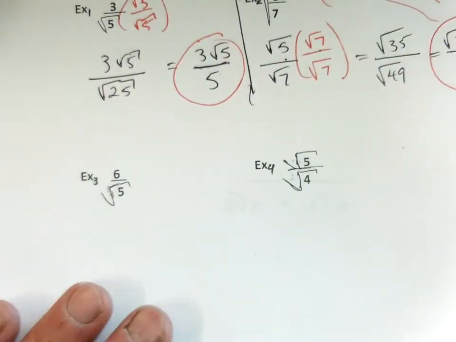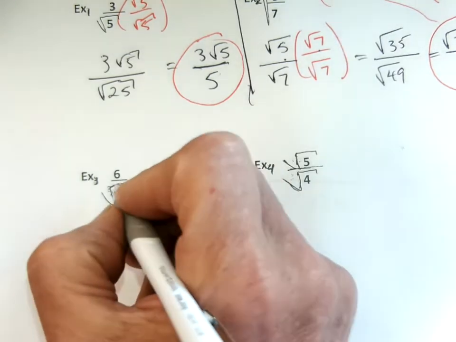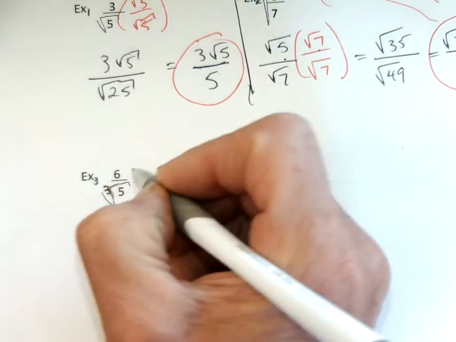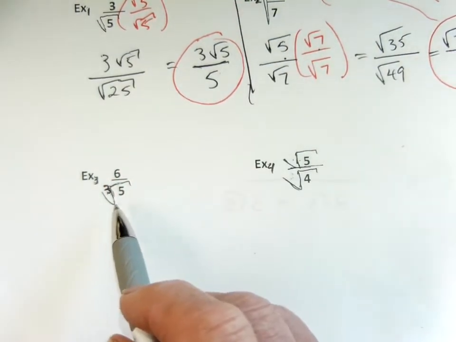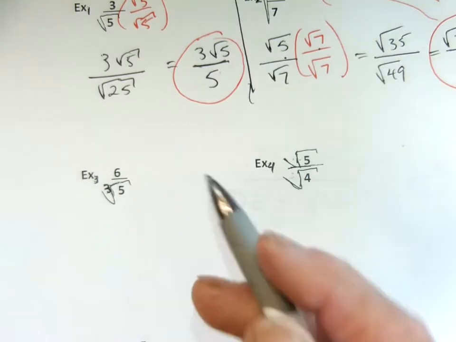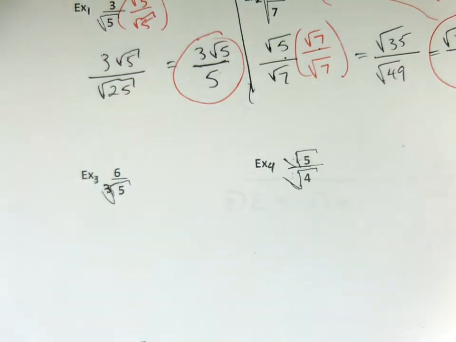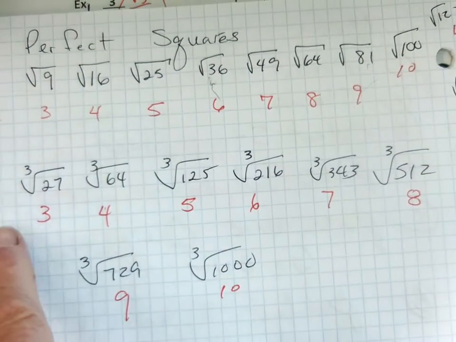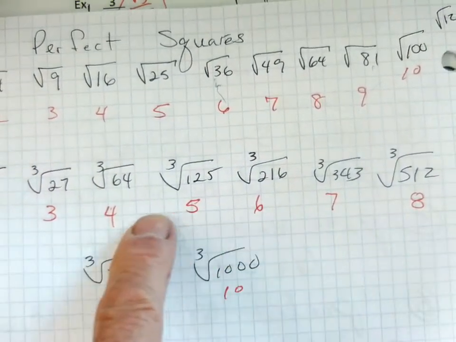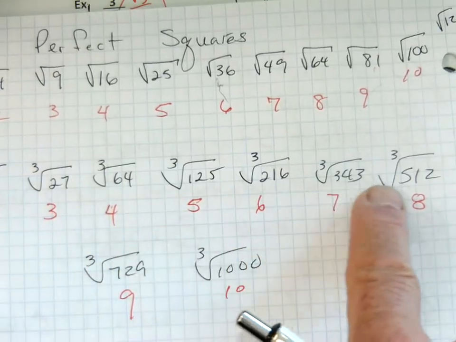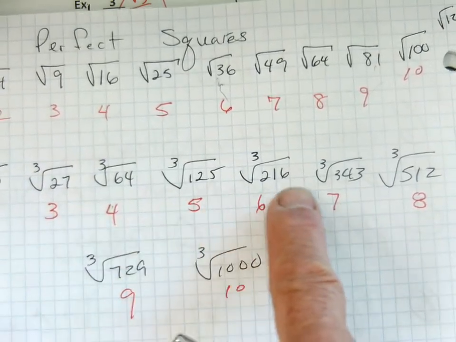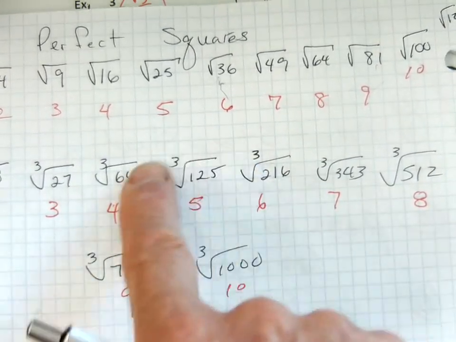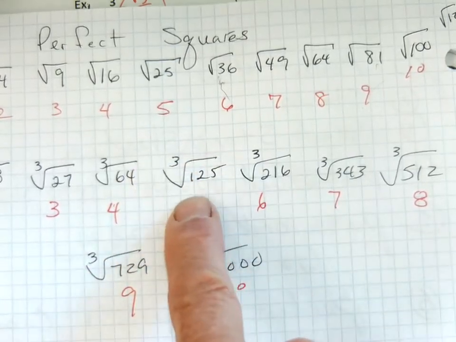Now, number 3 has a cube root. It didn't copy very well, but there's a cube root there, okay? So the problem with the cube root is I need to make the cube root into one of these numbers. How about 125? 125 is a perfect cube, okay?